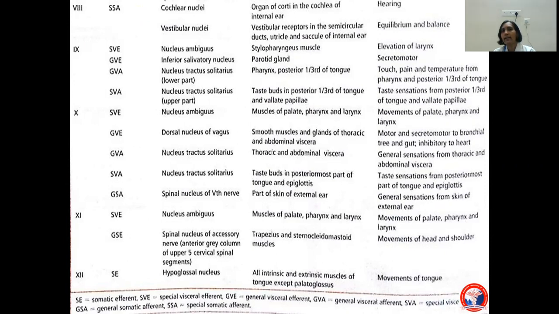The fibers arise from the nucleus ambiguus and supply the muscle which develops from the third pharyngeal arch, that is the stylopharyngeus, and the muscle is responsible for elevation of the larynx. The second component is general visceral efferent. These are the fibers which arise from the inferior salivatory nucleus.